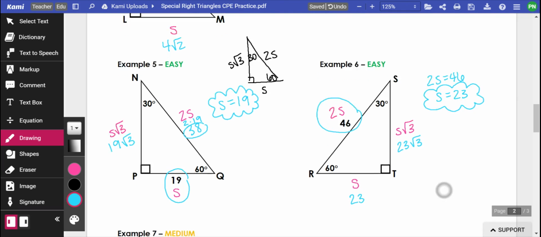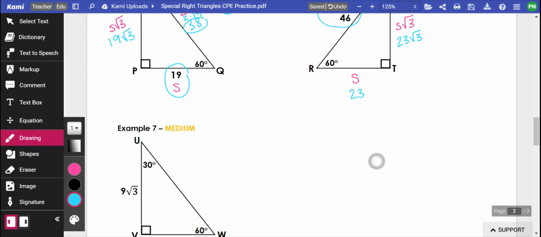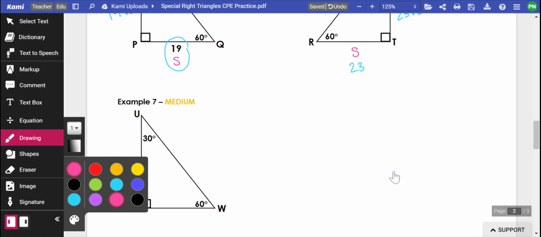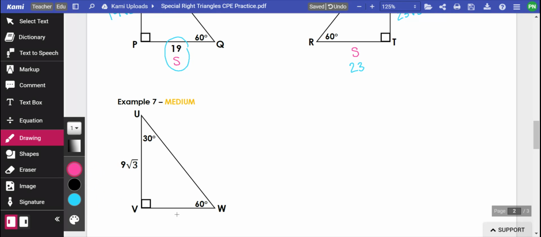Okay? So now moving on to a medium problem. Going to start off with my template. Across from 30 is s, hypotenuse is 2s, and then s radical 3. And so here we have this piece of information.